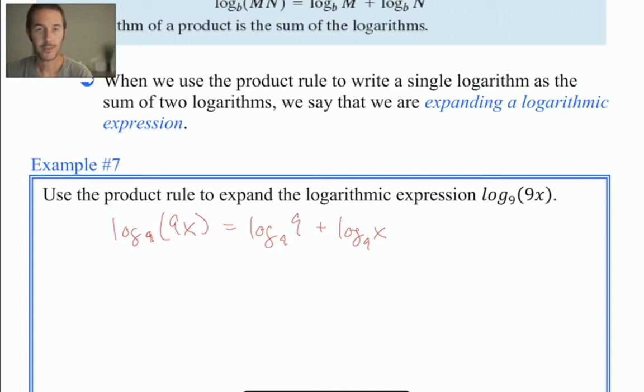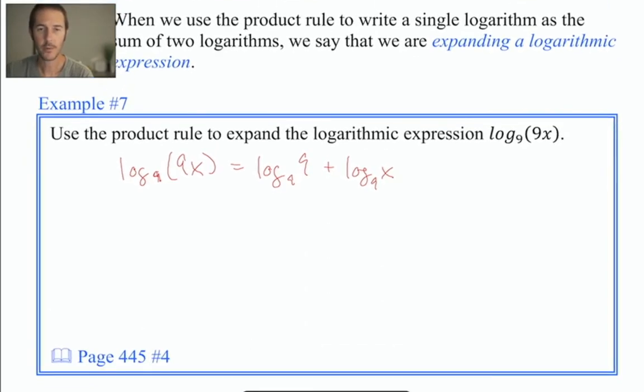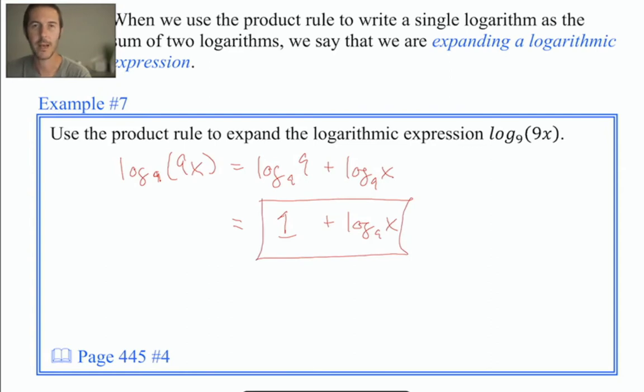In this case, we can take this one step further and simplify, because as we talked about in the previous video, the log base 9 of 9 can be evaluated: 9 to what power equals 9? The answer is 1. But there's nothing we can do to simplify the log base 9 of x, so we're stuck with that one. This would be our most simplified answer.